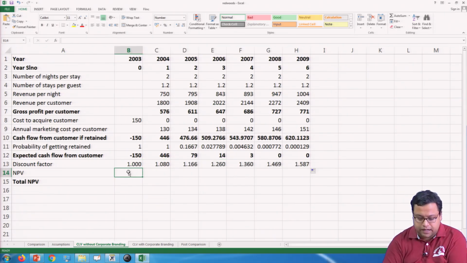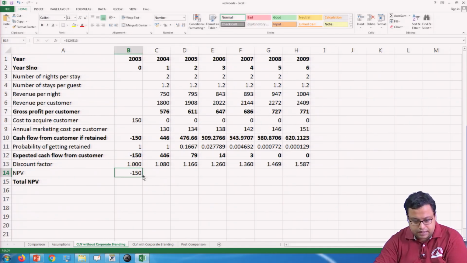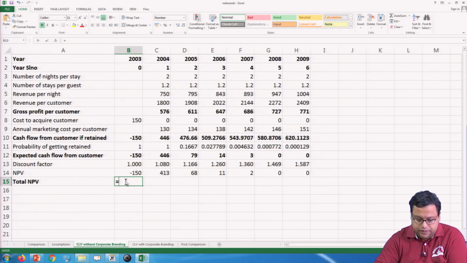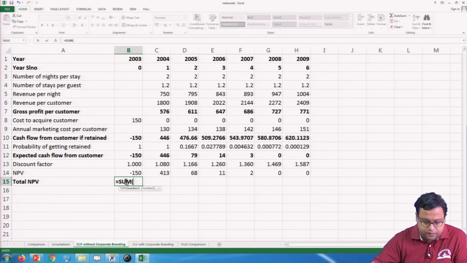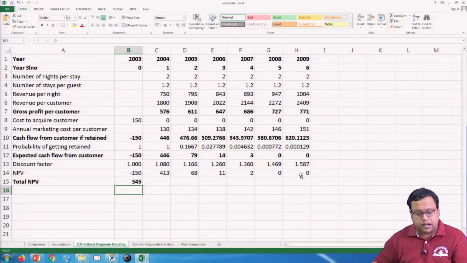This value will divide the cash flow, so this divided by this, that is my NPV. The net NPV is basically a sum of all these NPVs. So, the net present value for one customer when we do not do this calculation is $345. So, that is how we get it in this condition.